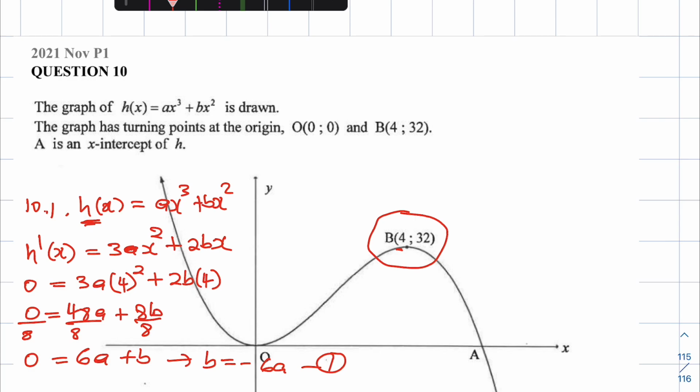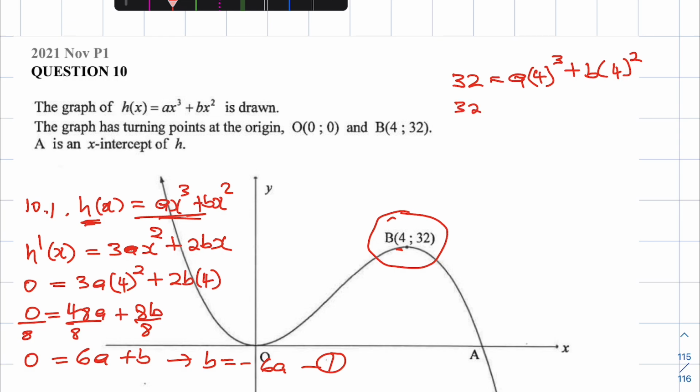Our second equation, we're just going to substitute the point into the original equation. So that will give us 32 is equal to a times 4 to the power 3 plus b times 4 to the power 2.